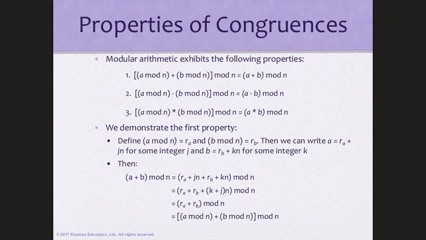Some other important properties of congruences in terms of operations. If you have A mod n and B mod n, and you add those two numbers together, and then take the result mod n, this is exactly similar to simply adding A to B and then taking the result mod n.